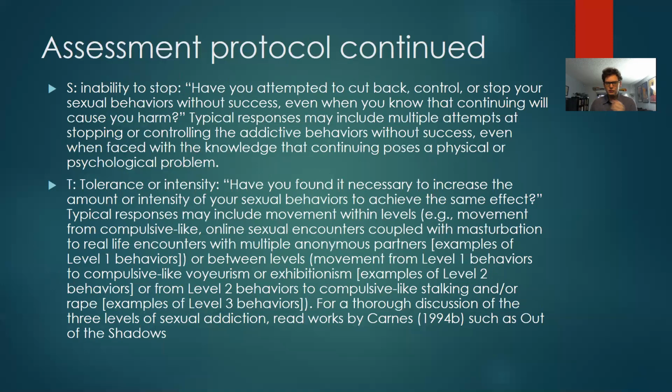So for example, we'll just walk through typical responses. When we look at a level 1 behavior, that might be multiple anonymous partners. Level 2, voyeurism or exhibitionism. Level 3, stalking, rape. Behaviors that would be deemed criminal activities.